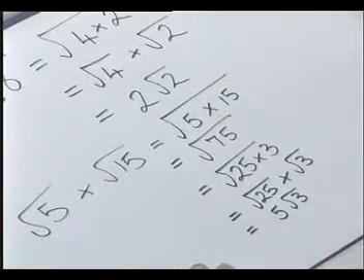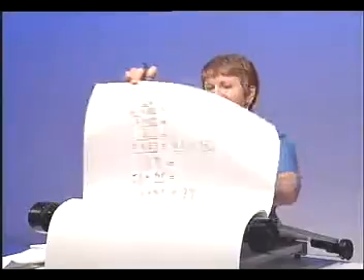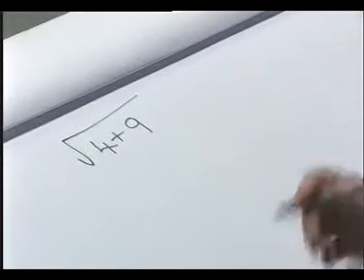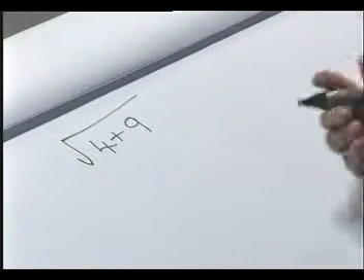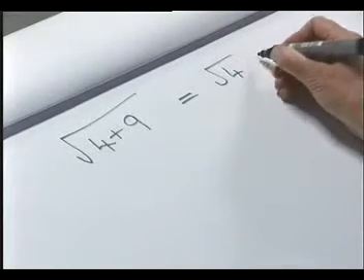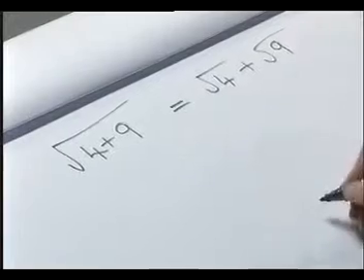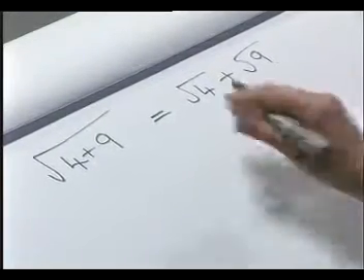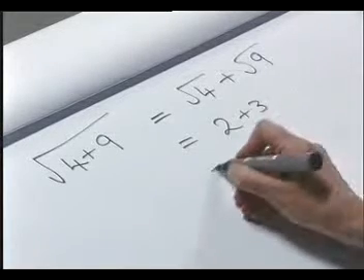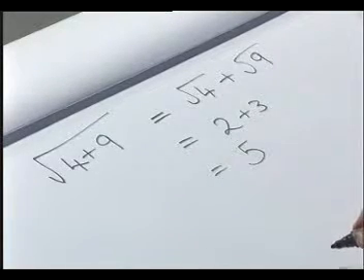What could be easier? But a common mistake is that people would take an expression like this, a surd in the form of the square root of 4 plus 9, and say it's equal to the square root of 4 plus the square root of 9. Now this can't happen, because if we follow this through, that would be 2 plus 3, which would equal 5.